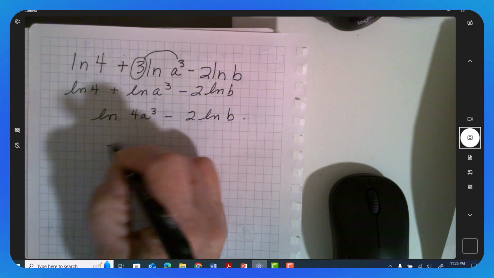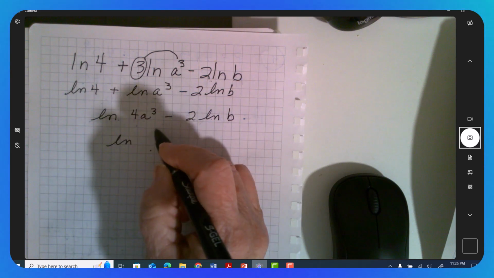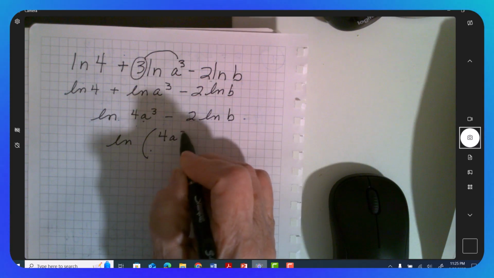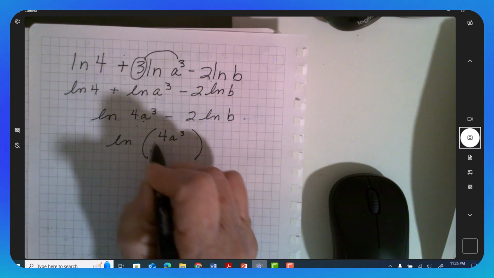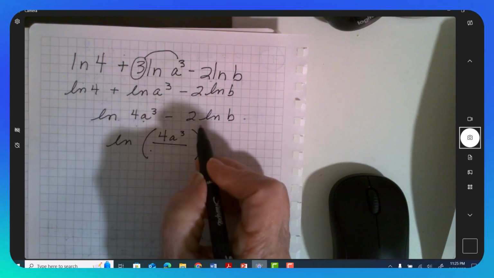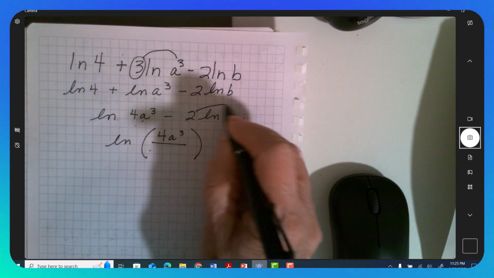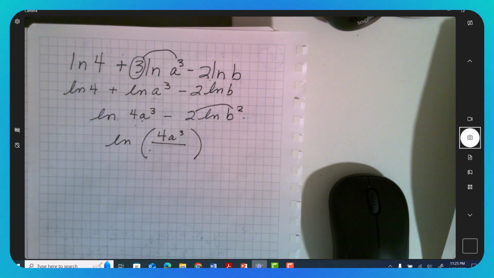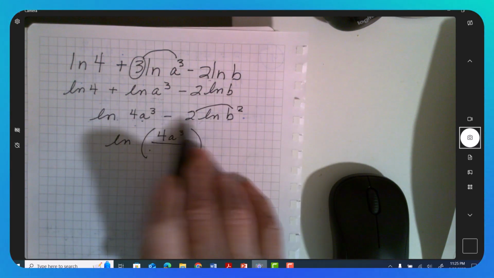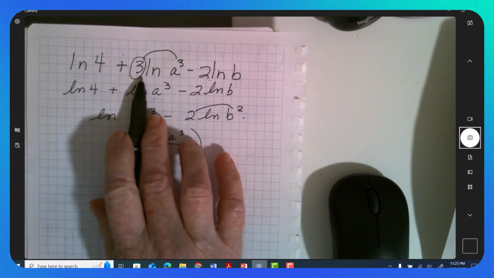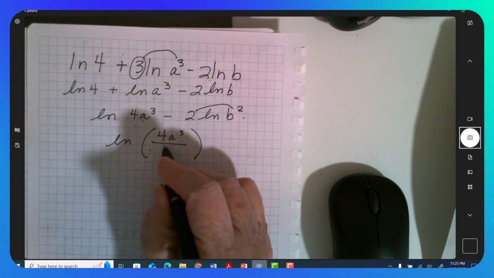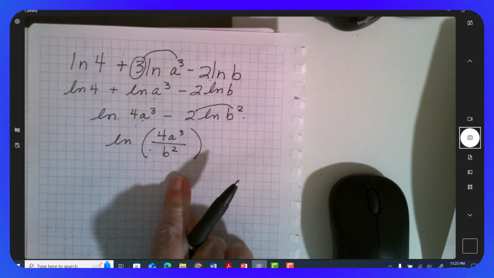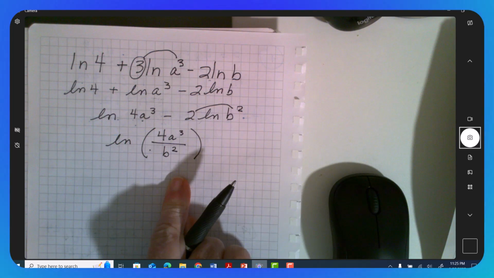Okay, now I've got the natural log, and we're going to divide 4a to the third divided by, oops, bring that 2 up here, just like we did with that 3. Okay, so that's going to be divided by b squared. So we've put that back together. We've condensed it.